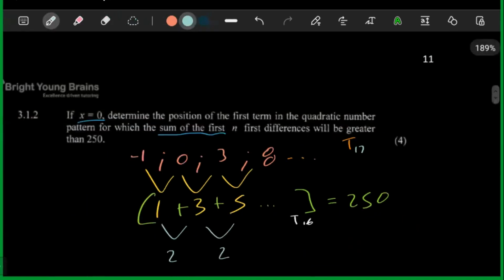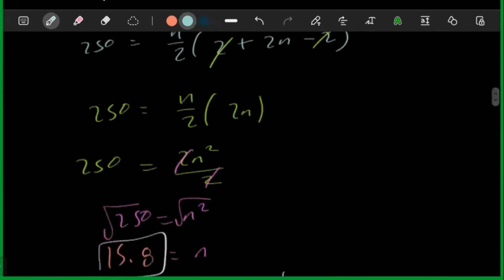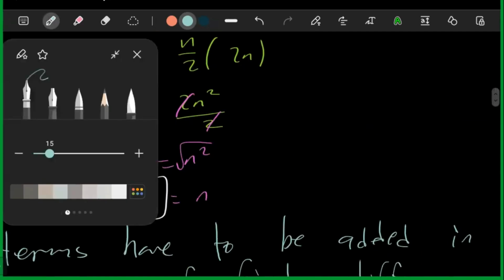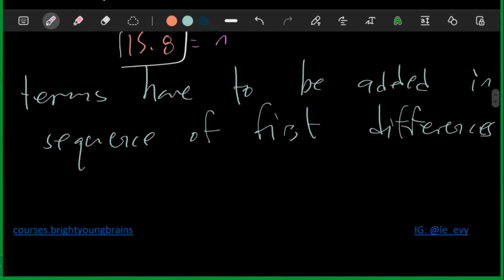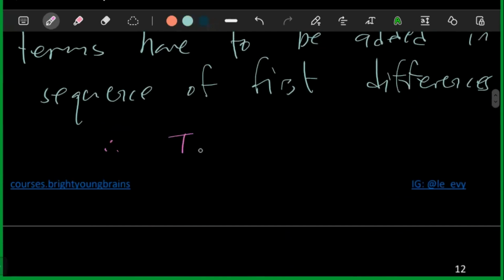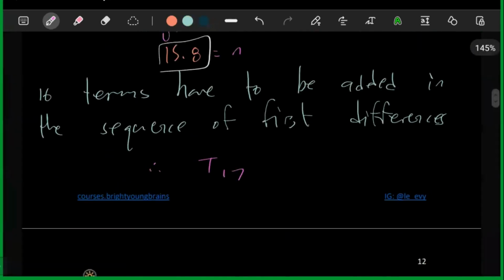So when they say determine the position of the first term in the quadratic number pattern for which the sum will be this, the first term will be at term number 17. Therefore, T17. You can just say therefore T17 as an answer, so that you don't find yourself getting lost in your own words trying to explain things that are just mathematical.